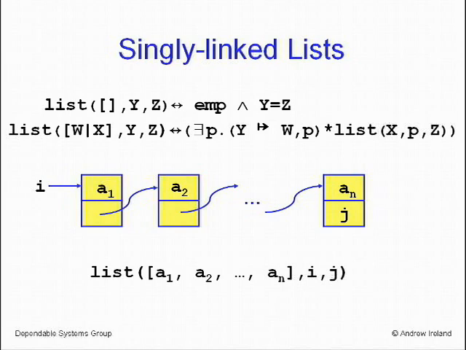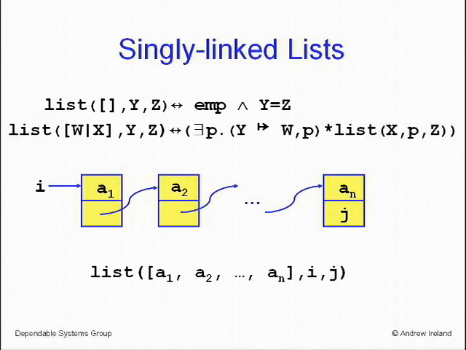I'm going to do that by a few examples, and I'm going to base those examples around an acyclic linked list data structure. So we have a head pointer here, I, and the tail is delimited here by J. The top elements represent content or data, A1 through to AN. This pictorial representation is represented below by this predicate list.